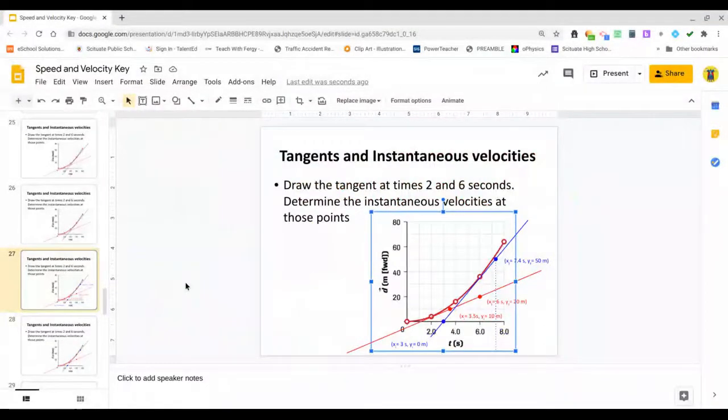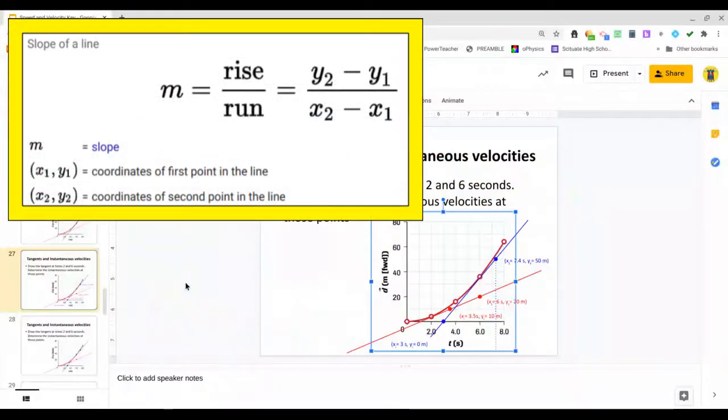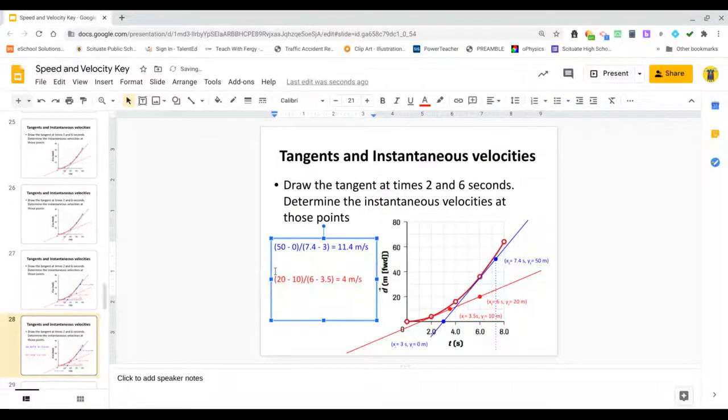All right, so now that I have my Y final, Y initial, X final, X initial for each line, I could solve for the slopes. Okay. There are my answers for the two slopes, and what these indicate are the instantaneous velocities at 2 seconds and 6 seconds. Okay.